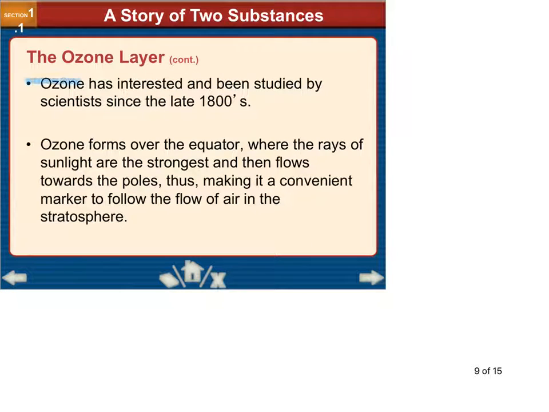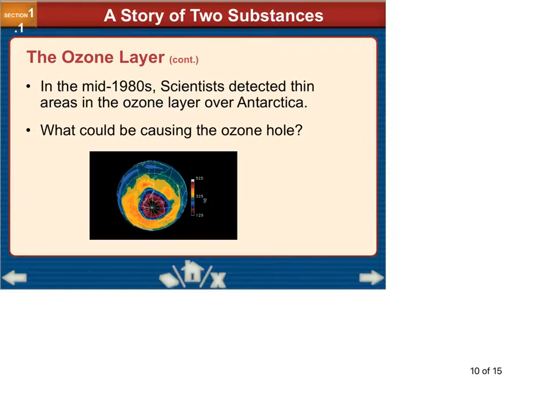Ozone has been studied by scientists since the late 1800s, forms over the equator and flows up towards the poles. So by looking at ozone, we can also follow the flow of air in the stratosphere.